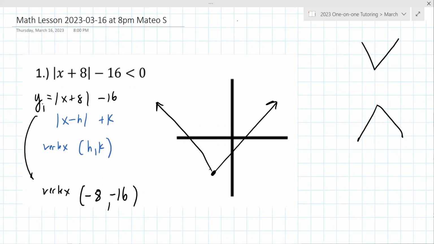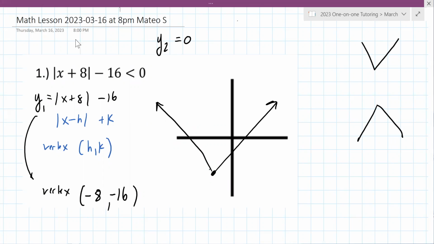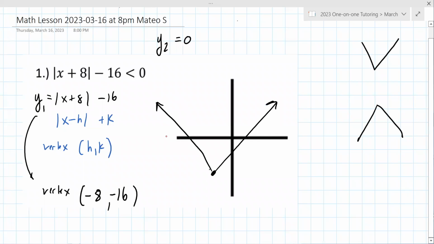The y2 in your problem is now this zero on the right. Because I've got digital ink here, I can color code it. If you had colored pencils or different colored pens, it would be good to do that. That's here at 0. That's y2 equals 0. Is that okay?